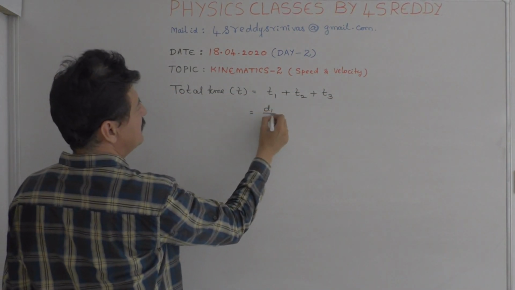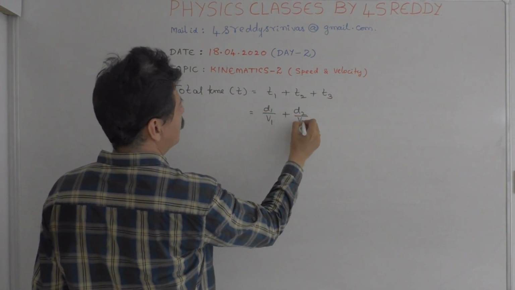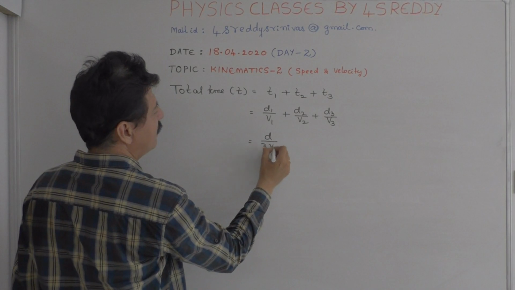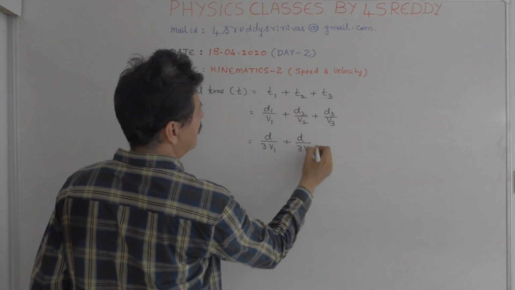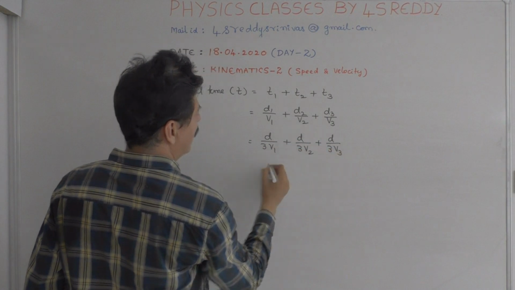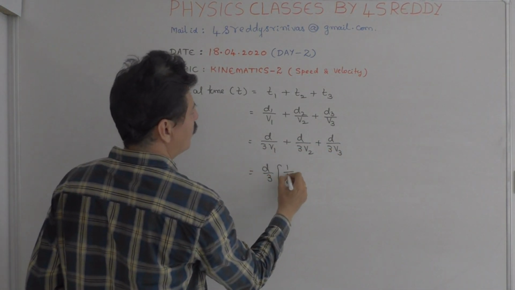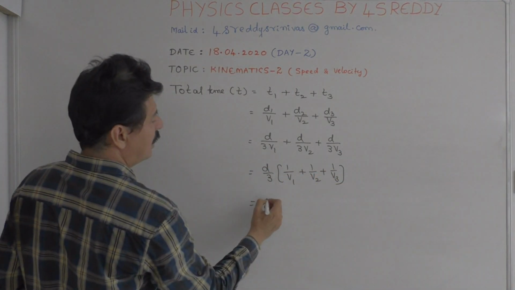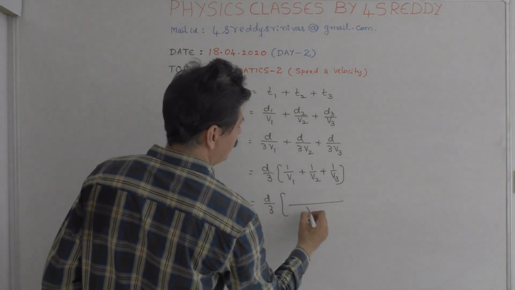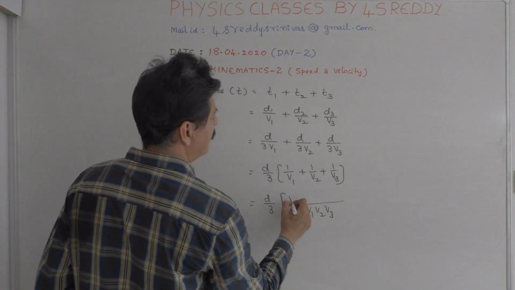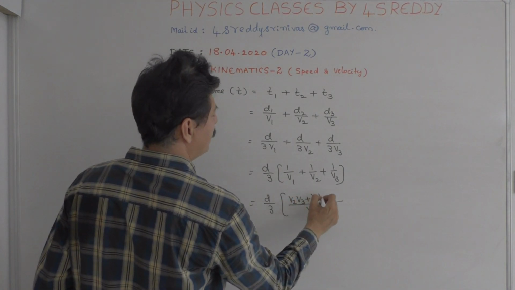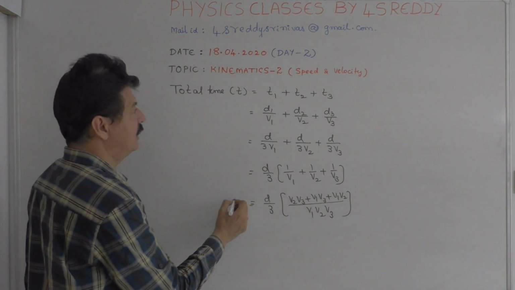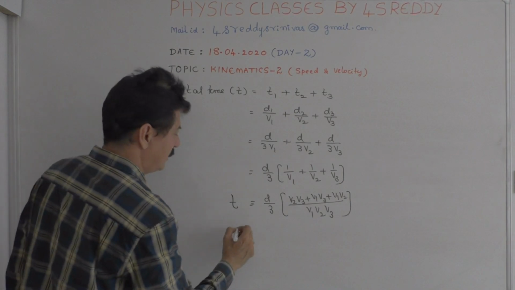But this can be written as d1 by v1 plus d2 by v2 plus d3 by v3, or d by 3v1 plus d by 3v2 plus d by 3v3, or d by 3 into (1 by v1 plus 1 by v2 plus 1 by v3), or d by 3 into (v2 v3 plus v1 v3 plus v1 v2) by v1 v2 v3, where v1 v2 v3 is the LCM.